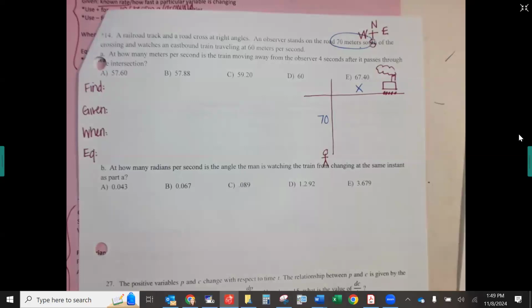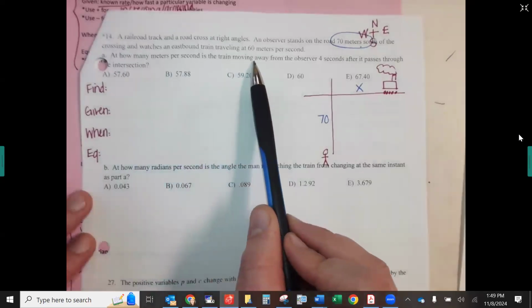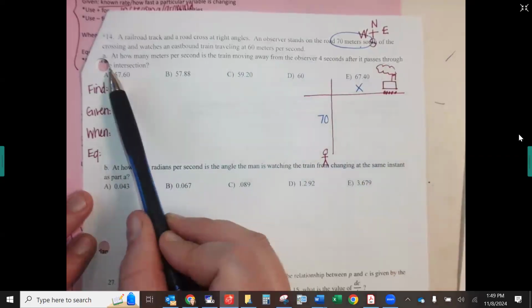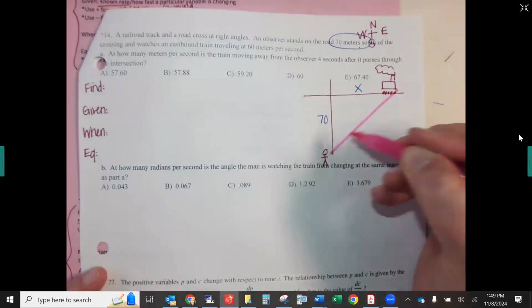Okay. Then it says, at how many meters per second is the train moving away from the observer, 4 seconds after it passes through the intersection. So draw a third side to your triangle, which is how far away the train is from the guy.